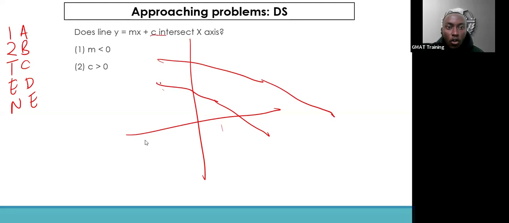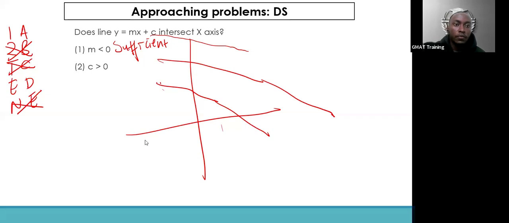However almost flat it is, if you extend the x-axis, there will come a point where it intercepts the x-axis. So for that case, this is sufficient. It will always intercept the x-axis. Yes, confident, absolutely sufficient. If it's sufficient, then we eliminate B, C, and E.